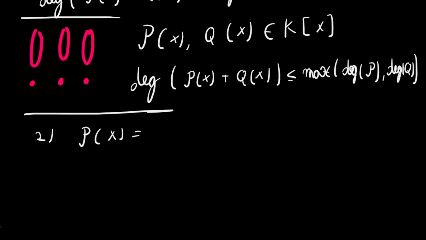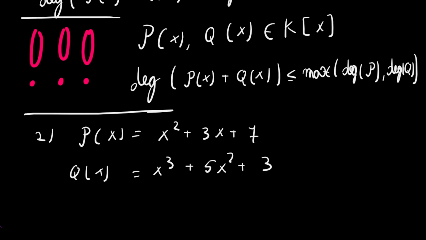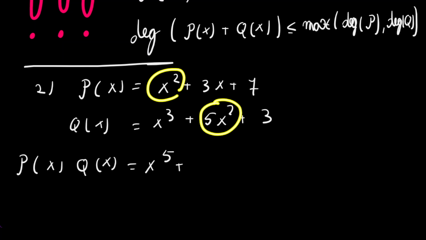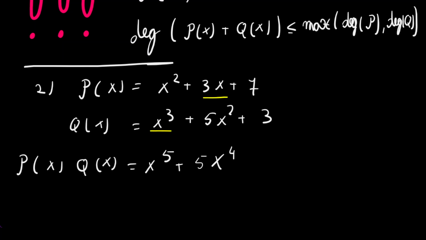I will take some more degree for this type of operation, and Q(x) is x cubed plus 5x squared plus 3, and when you multiply them, P(x) times Q(x) is going to be x^5 plus, well, when we do this operation, we multiply this with this, and it's going to be 5x to the power 4, but also we can multiply this and obtain 3x^4, and we have to add these two coefficients, and in this way we find out the coefficient for x^4, plus we can have x squared.